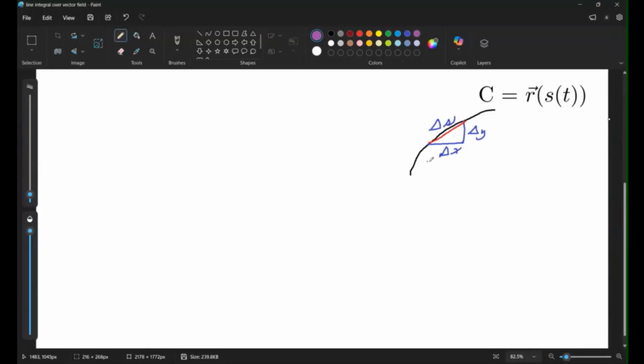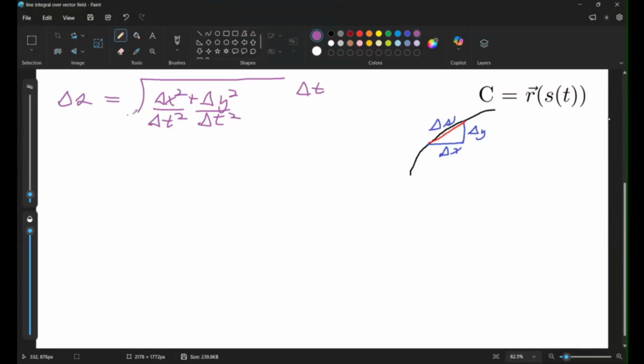Let's think how we would take the length of C, and basically we would just use this concept to derive the integral. I'm sure you've seen the formula if you're watching this. A change in arc length would be the square root of delta x squared plus delta y squared, and then we could multiply it by delta t over delta t, but then that bottom one can just slide in under here, and of course it would be squared.